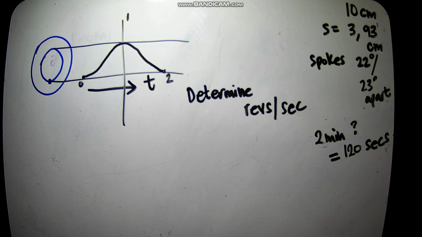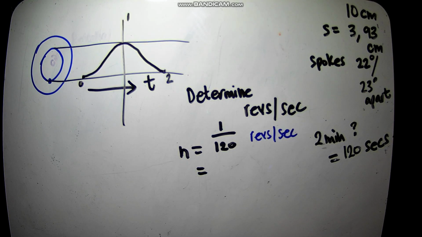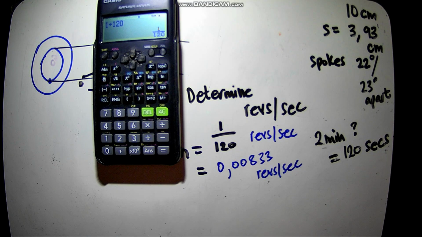To calculate n, the revs per second, n would be equal to 1 revolution in 120 seconds. Our answer would be revolutions per second. So dividing 1 by 120, we would get 0,0833. It would be nice to use the long answer so that the final answer would be more accurate.